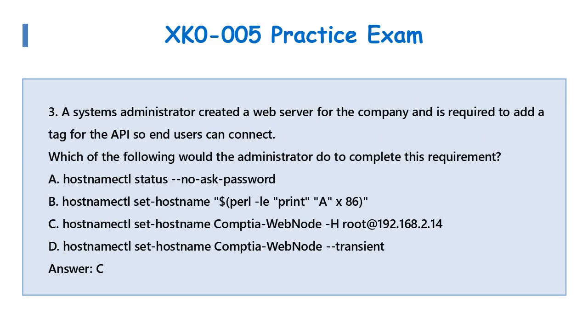3. A systems administrator created a web server for the company and is required to add a tag for the API so end users can connect. Which of the following would the administrator do to complete this requirement? A. hostnamectl status --no-ask-password. B. hostnamectl set-hostname "$(perl -le 'print','A' x86)".